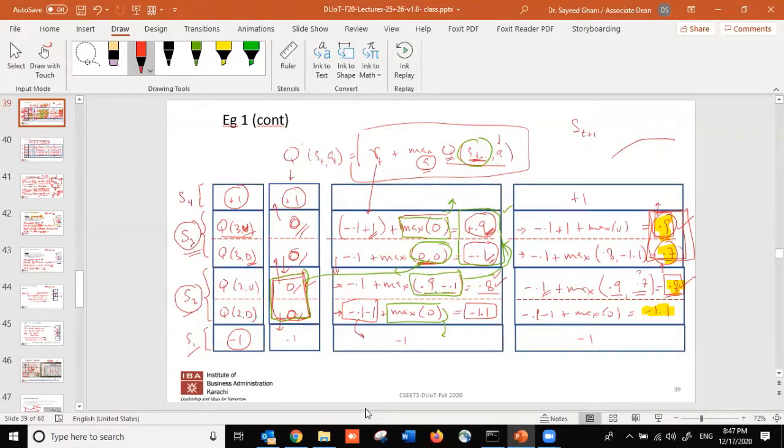So we had done an iteration in which we had looked at both the possibilities, and there were only two possibilities in this case, up and down. Now, what if the number of possible actions is extremely large?